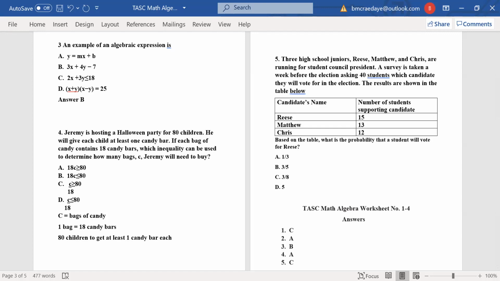So you want each child to get at least one candy bar. How many bags do you need to buy? What inequality shows that you'll have enough bags?